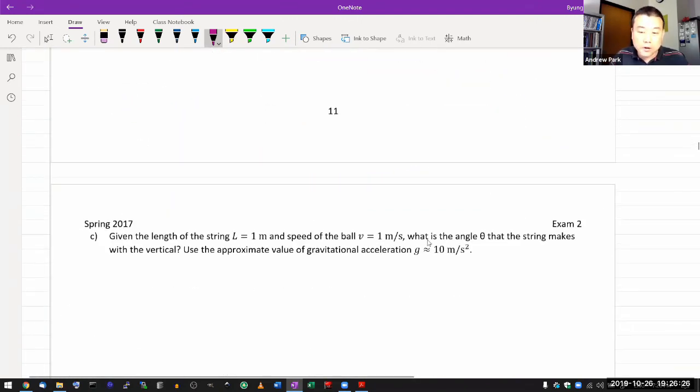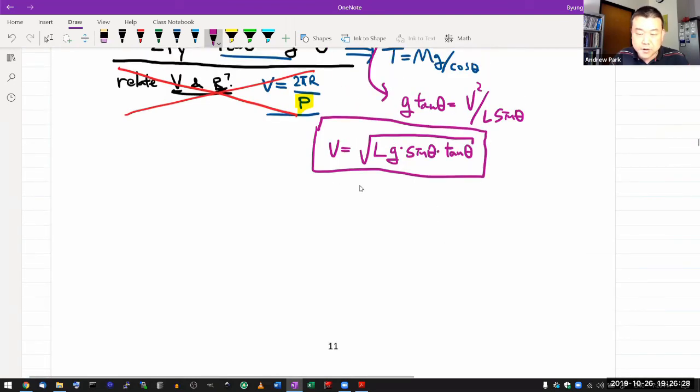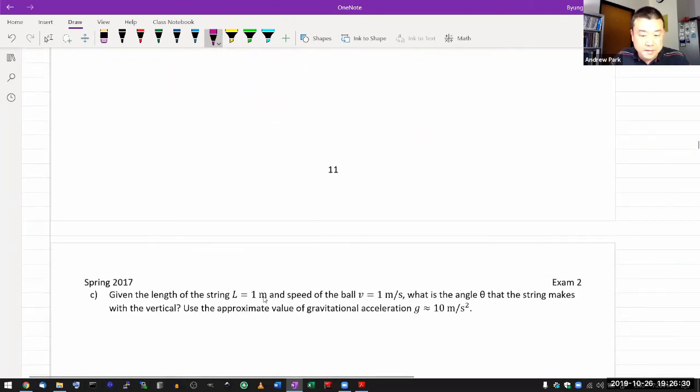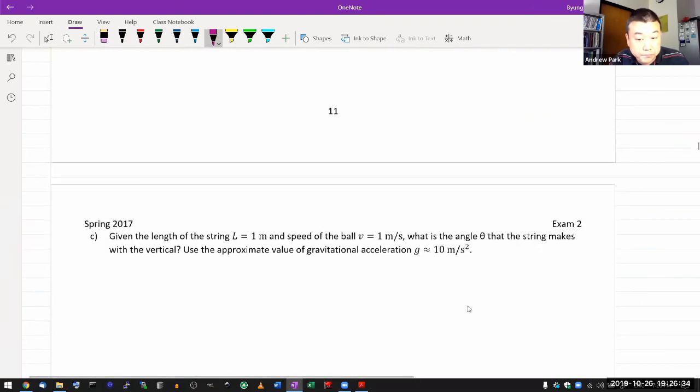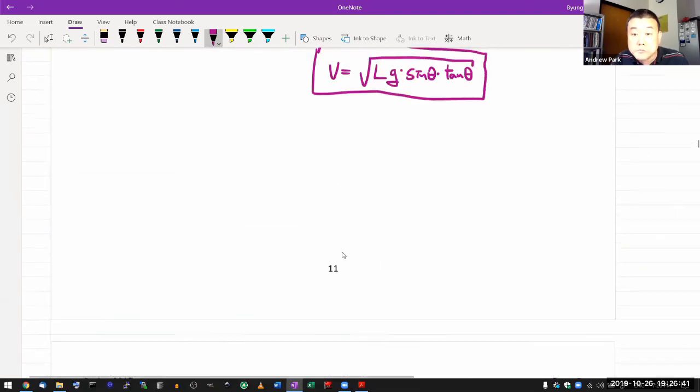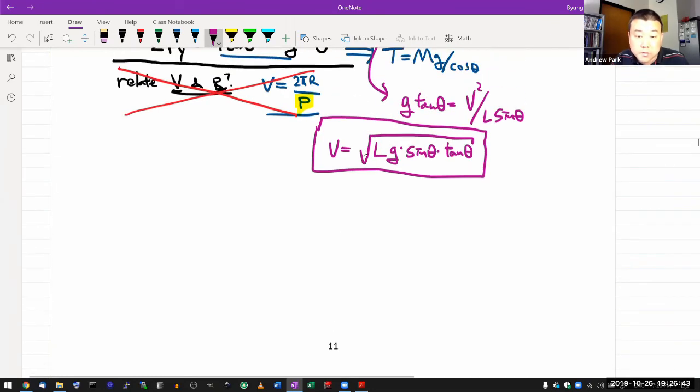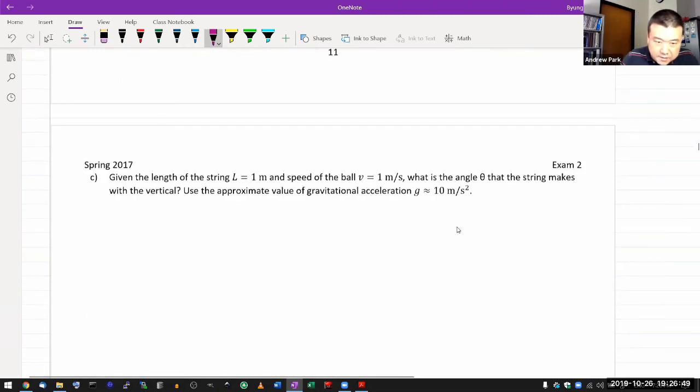So once you have this expression, then part C is just asking you to basically plug in the numbers. It's asking for what is the angle theta that the string makes with the vertical. You can just plug the numbers into V, and the one challenging thing is, let me write it here: V is equal to the square root of L g sine theta tangent theta.